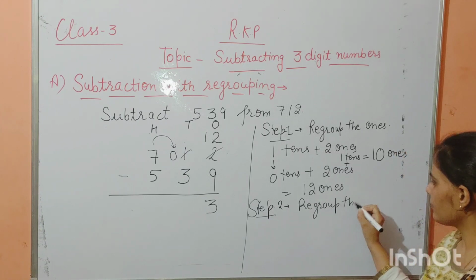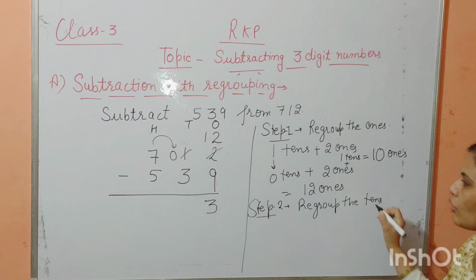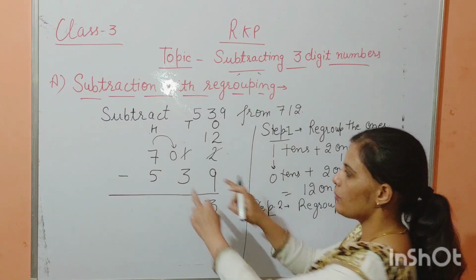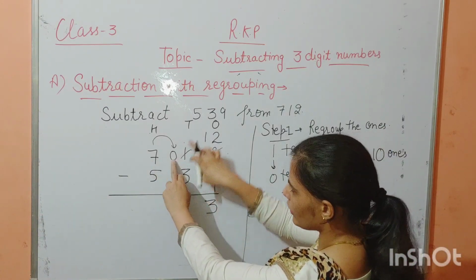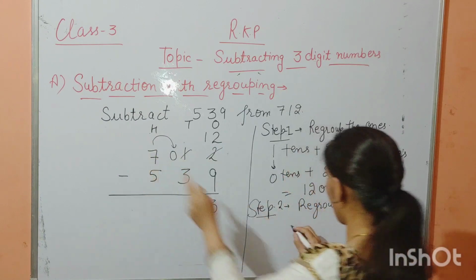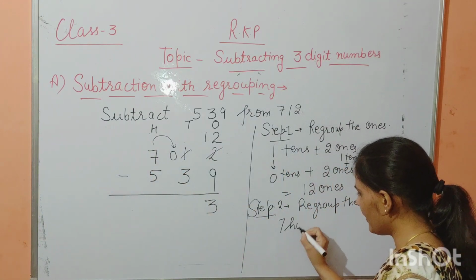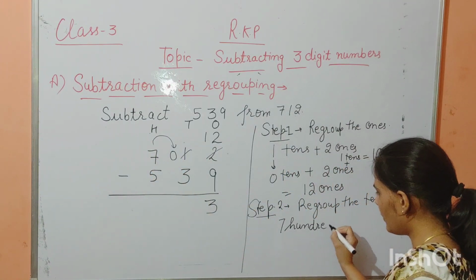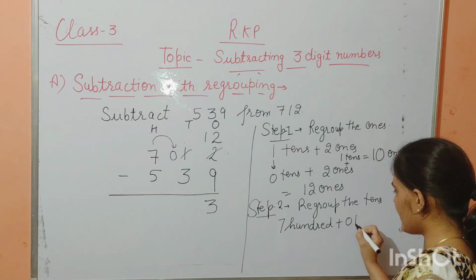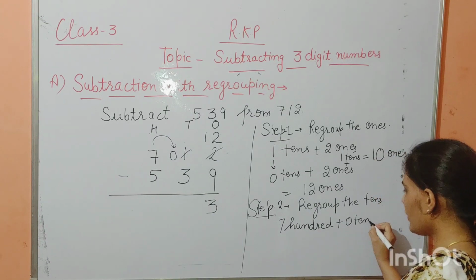First of all, write what number is here: 0 tens and 700. Write 700 plus 0 tens. 0 tens means no need to write.